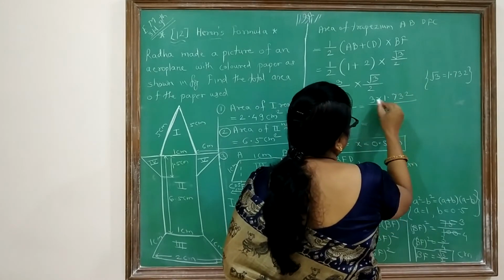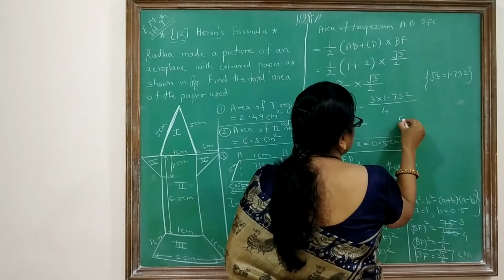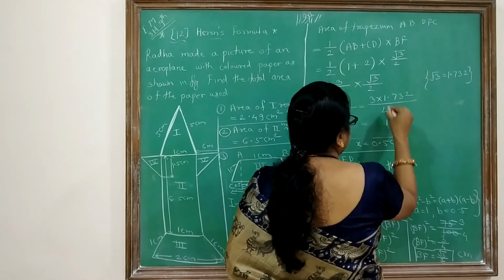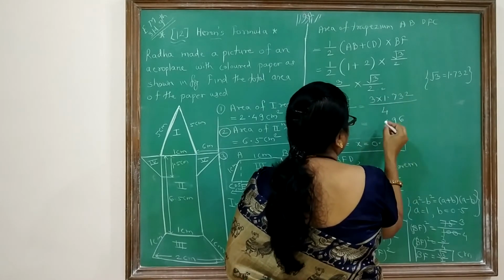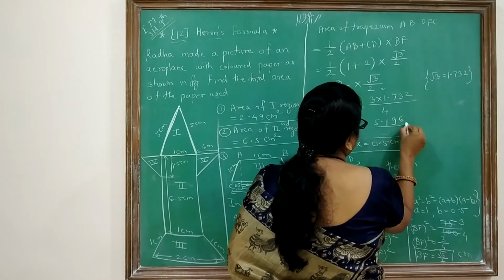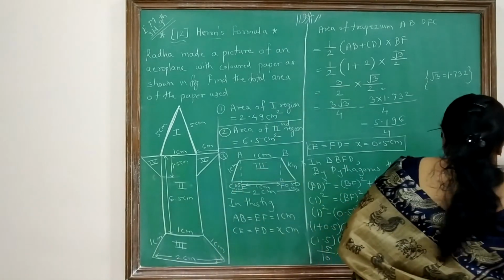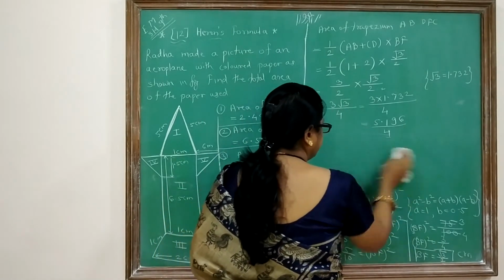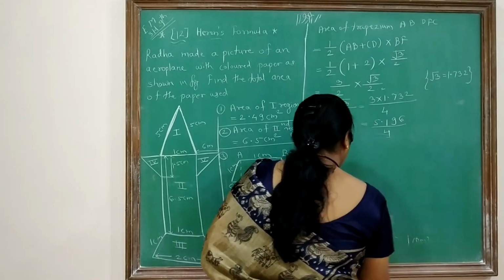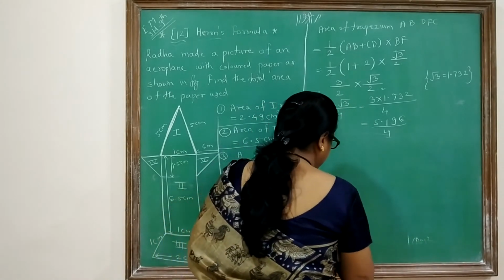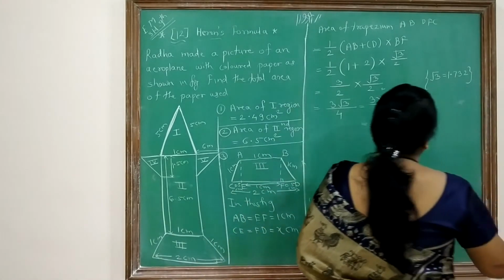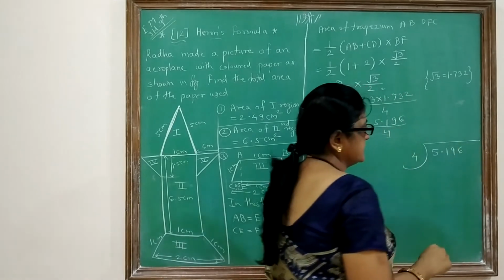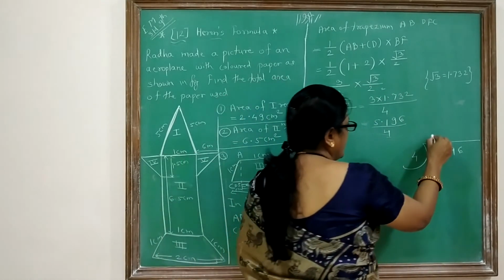Then 3 2s are 6, 3 3s are 9, 3 7s are 21, 3 1s are 3 and 2 is 5, so 5.196 divided by 4. Then divide. 4 1s are 4.